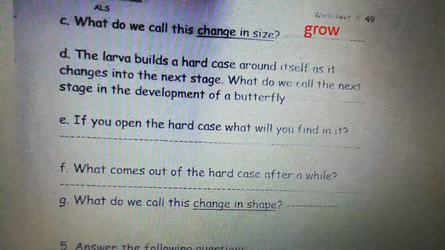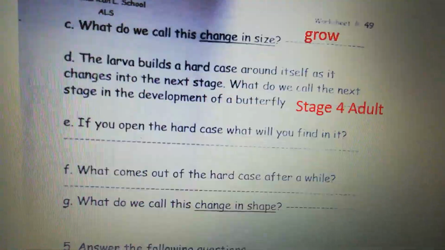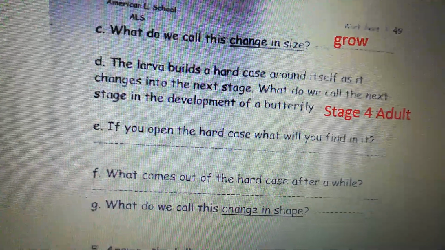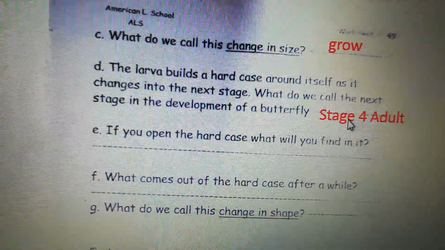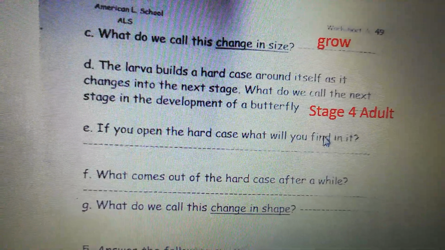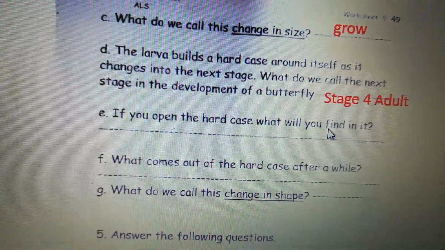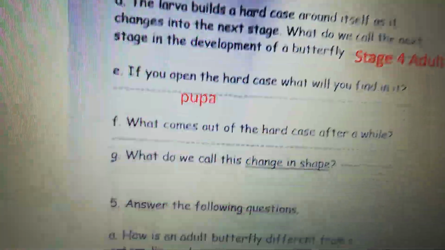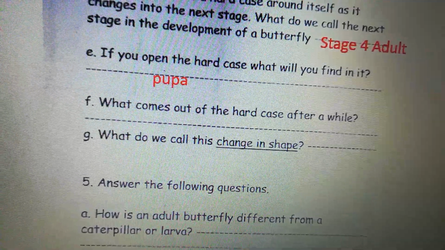What do we call the next stage in the development of a butterfly? We call it stage 4, where it becomes an adult. So from larva in stage 3 into stage 4, an adult. If you open the hard case, what will you find in it? We find the pupa. What comes out of a hard case after a while?